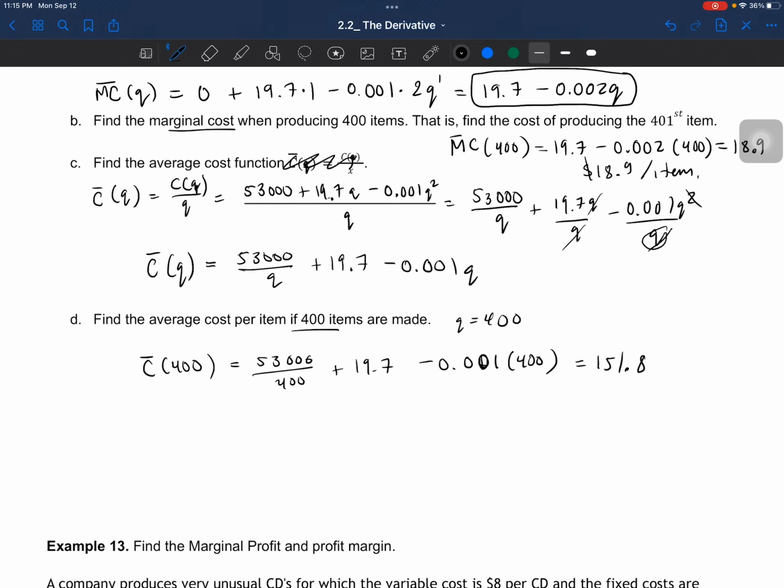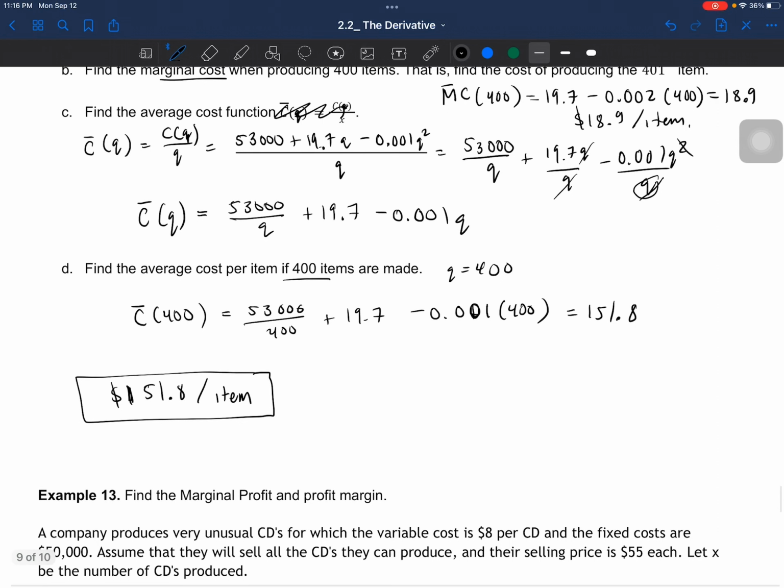So the average cost of producing 400 items is 151.8 per item. And there you go. So we have found the average cost of this item.